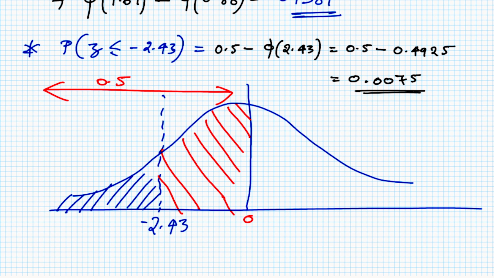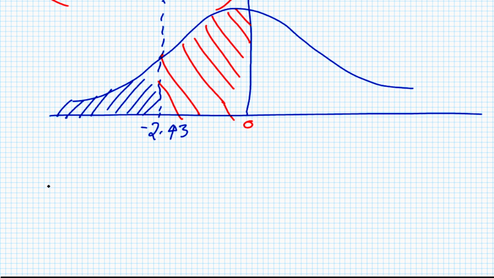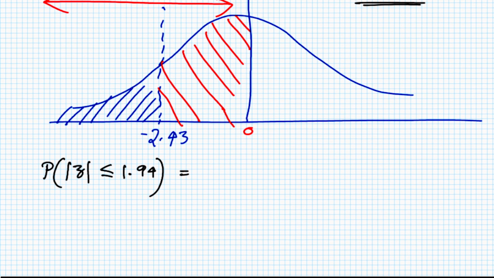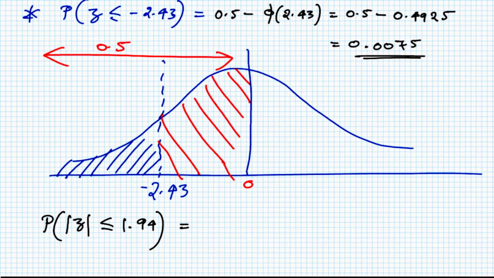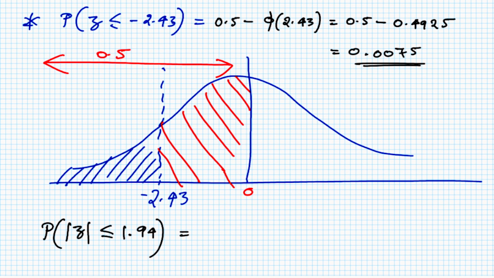Meanwhile, I'm going to ask another question. I want you to calculate the probability of magnitude of z lesser than or equal to 1.94. Okay, this is what I want you to find. So everyone, please try to solve this. Meanwhile, if anybody has doubt with the previous question, please feel free to ask.